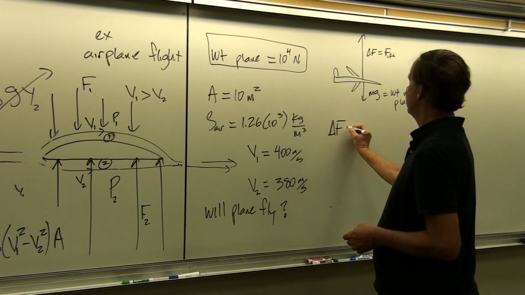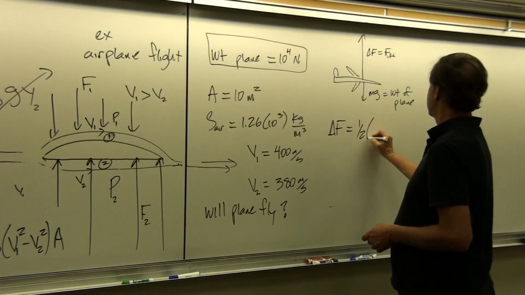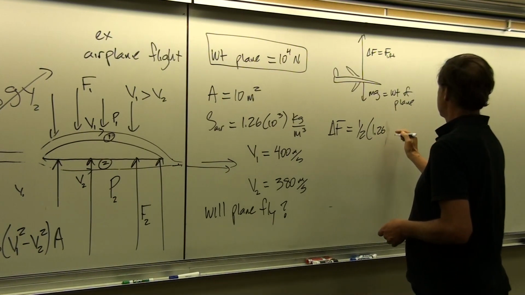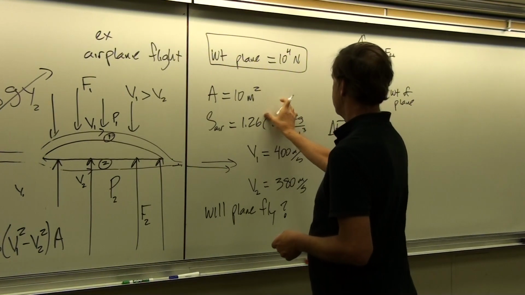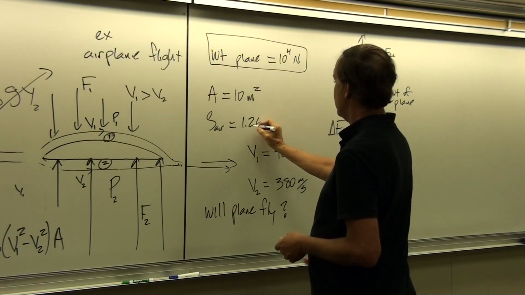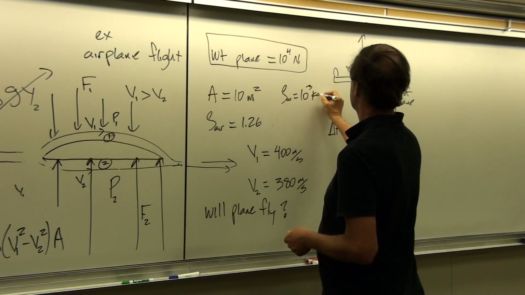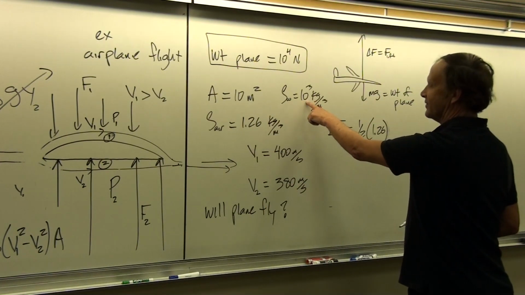So delta F is going to be 1/2 rho, 1/2 times 1.26, sorry, whoops, this is just 1.26 kilograms per cubic meter. So that is way less than the density of water, which is 10 to the 3. That's what I was saying, but I wrote in the 10 to the 3 here. So this is kilograms per meter cubed, just this tiny amount versus 1,000.